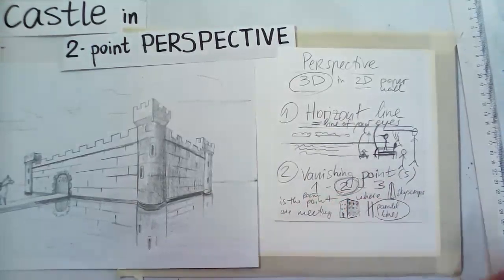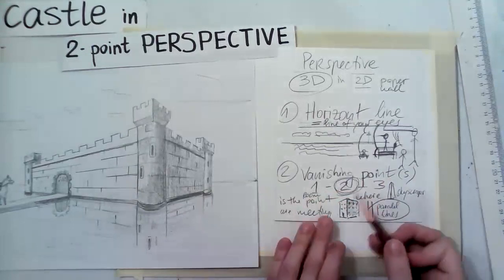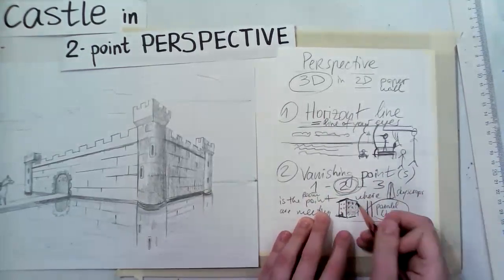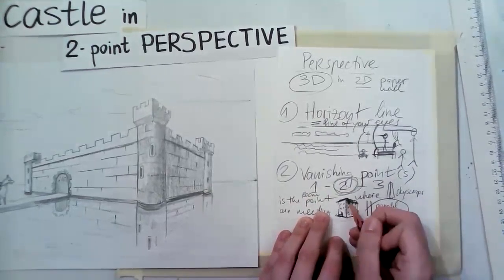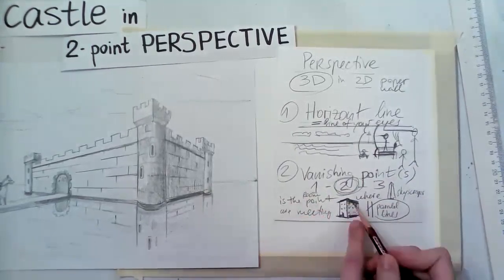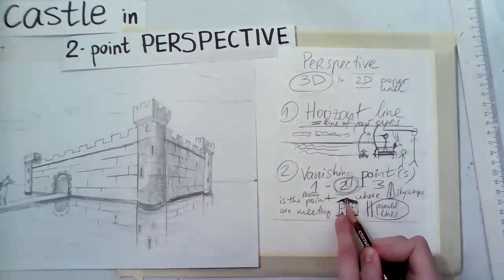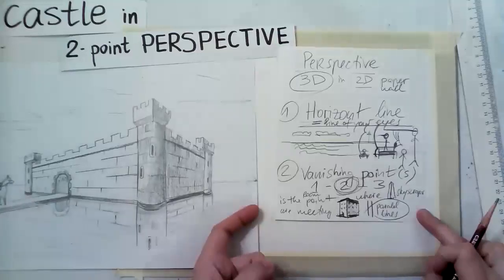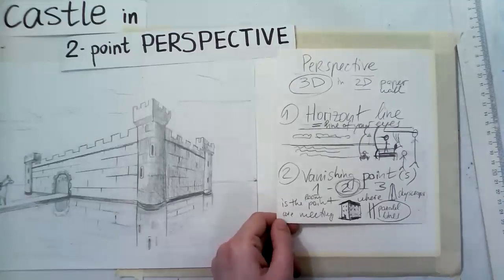And in the house here, we have 2 pairs of parallel lines. So we have these lines, and then these ones. These ones have 1 point, and these ones have another point. Nice.